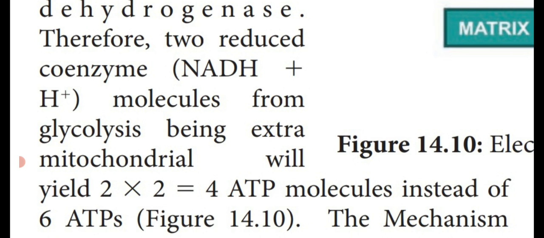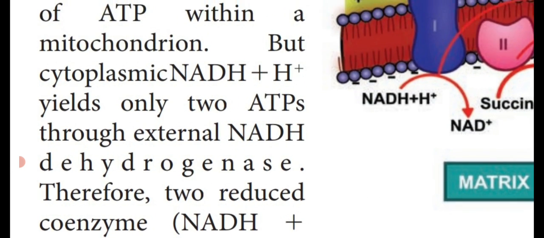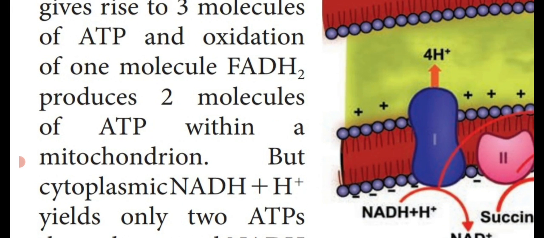This formation of ATP takes place in the cytoplasmic region, but in the mitochondrial matrix NADH2 produces 3 ATP molecules and FADH2 produces 2 ATP molecules. This is an important 1 mark question.